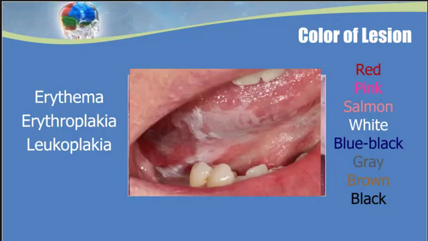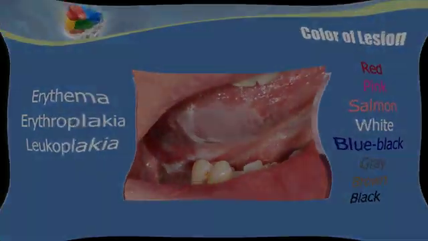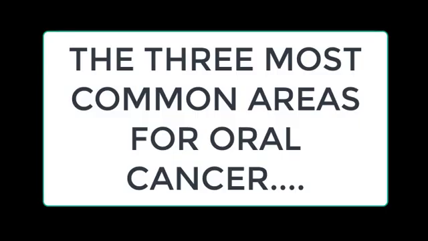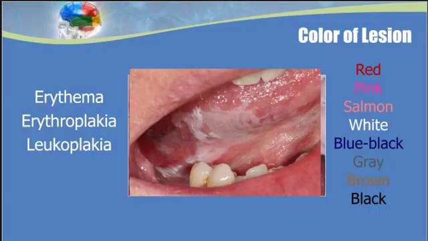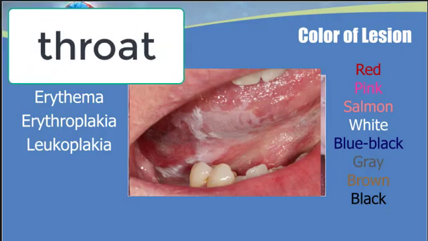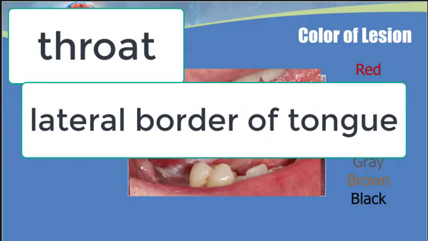Now here is a very interesting lesion. Remember I said the three places that you're going to see oral cancer the most often are in the throat, the lateral border of the tongue, and the floor of the mouth.